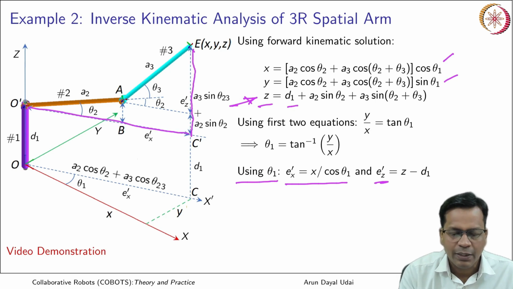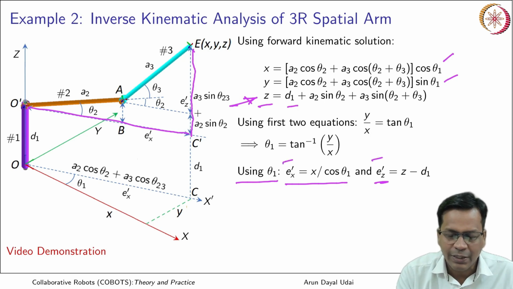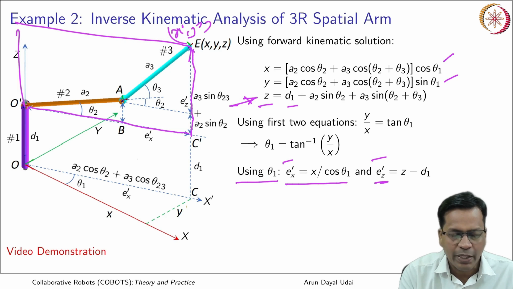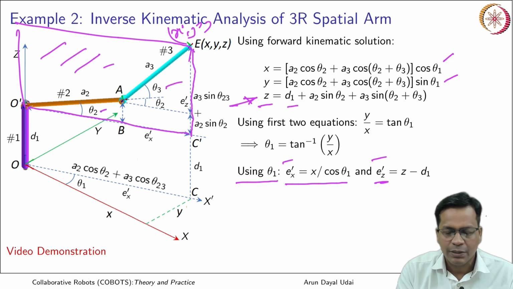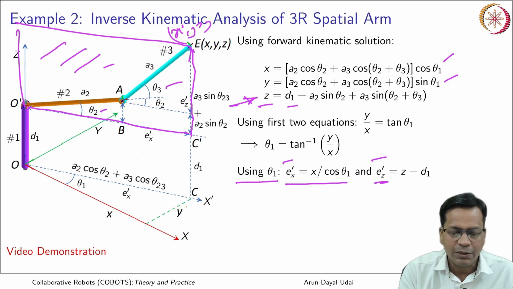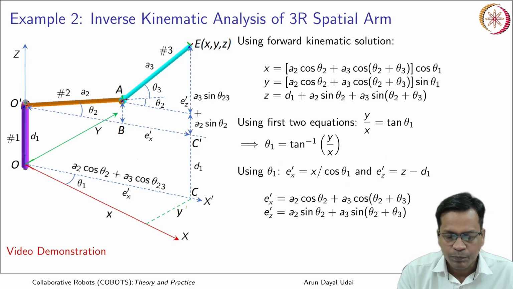What I am trying to get is basically the local coordinates, that is Ex dash and Ez dash, the end effector x dash and z dash in this plane, so that I can consider this subset as a 2R planar arm and I can solve for joint angles theta 2 and theta 3. So this becomes a local 2R manipulator and I will solve for it. So these are the coordinates for that 2R manipulator.